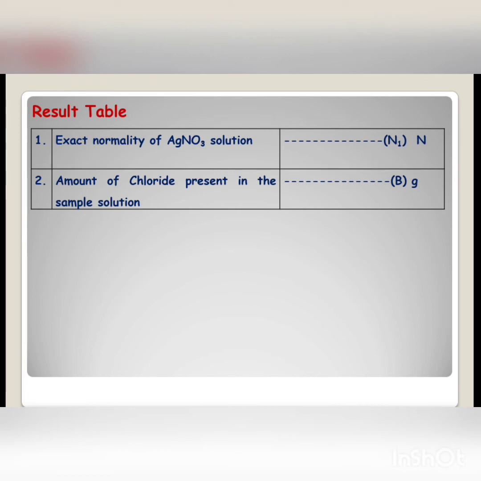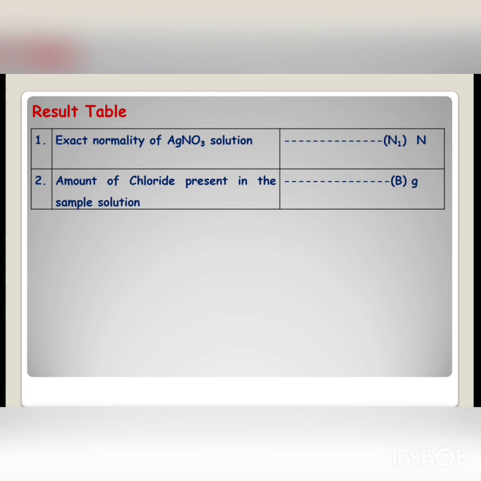We have not used a one normal solution here, so whatever the normality of the AgNO3 is, we have to write here, N1 normal. Y ml is the constant burette reading for the sample solution, and for N1 normal, Y ml silver nitrate we can calculate the amount of chloride, or grams of chloride present.